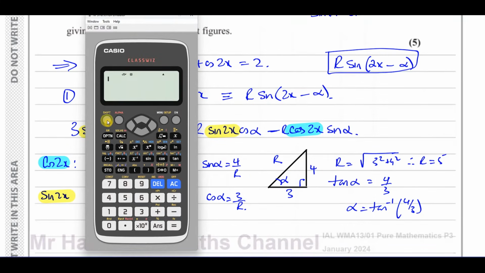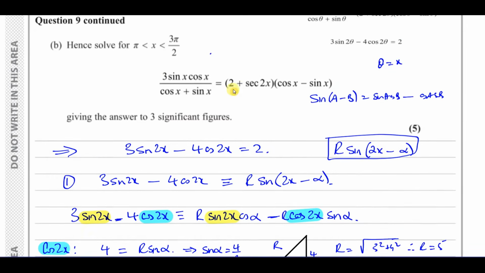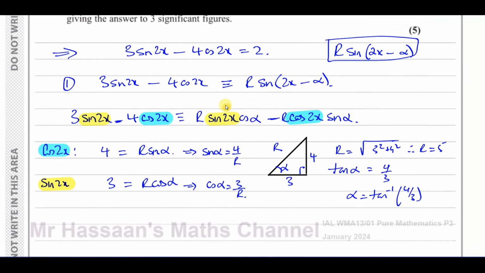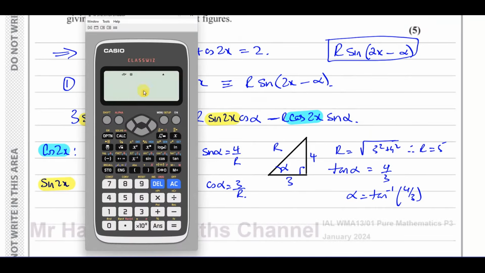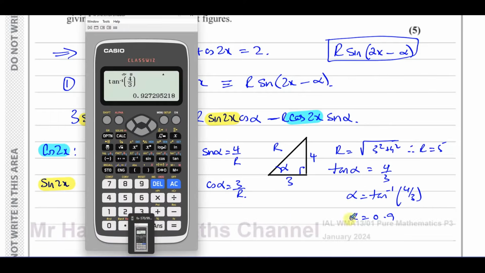Now we should be in radian mode. Are we in radian mode? Yes, we are. So we say inverse tan of 4 over 3. So alpha is 0.92729.